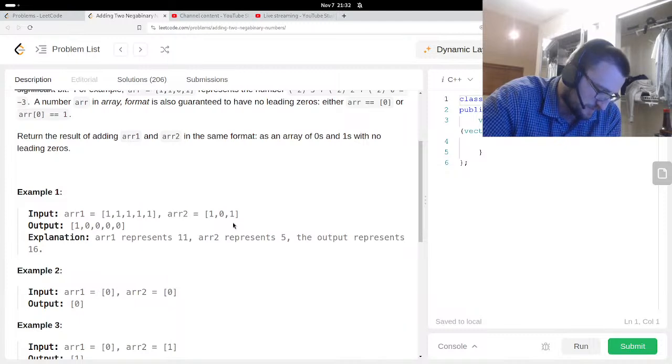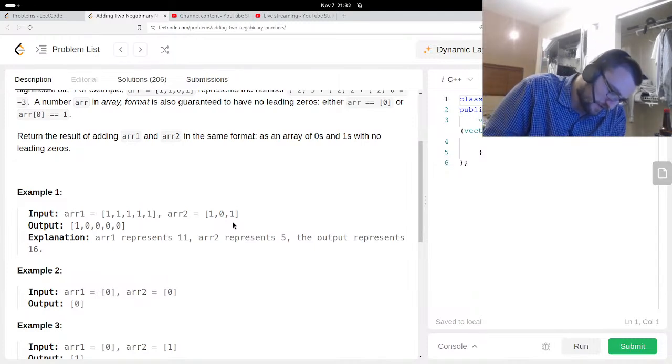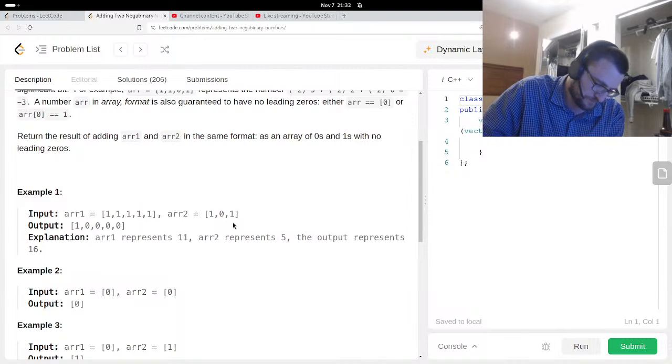What's negative 6 in negabinary? Negabinary, huh? This is 1 times negative 8 plus 0 times 4 plus 0 times negative 2 plus negative 1 times, or excuse me, 2 times 1. Oh boy. 1, negative 2, 4, negative 8, 16, 32, etc. Gee.